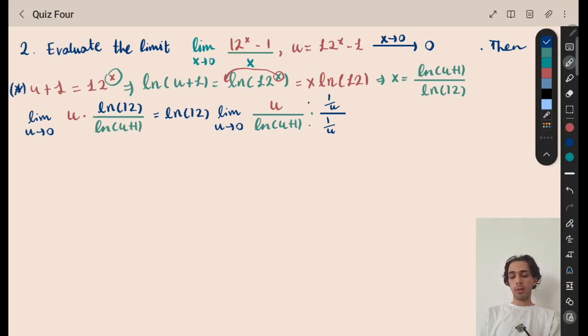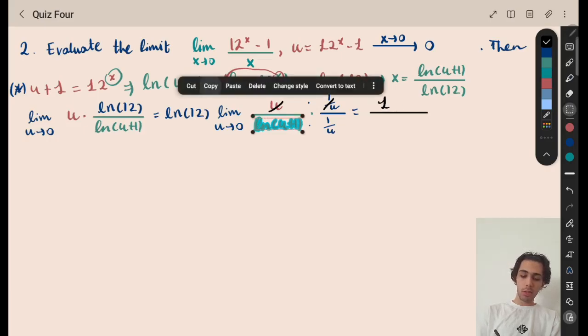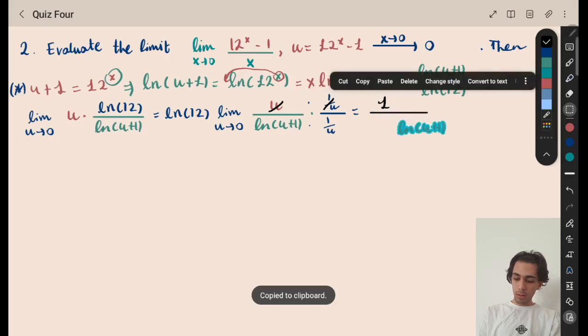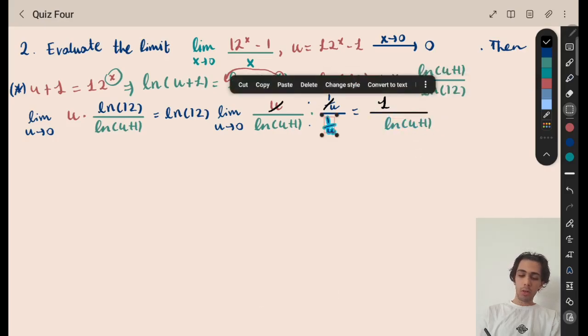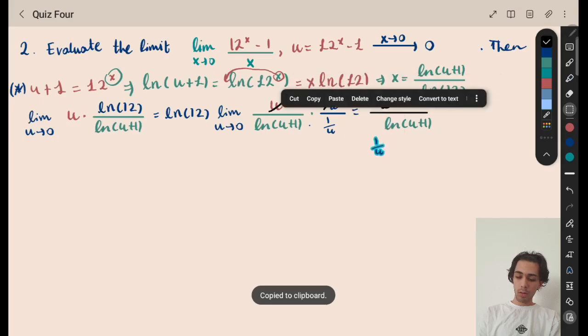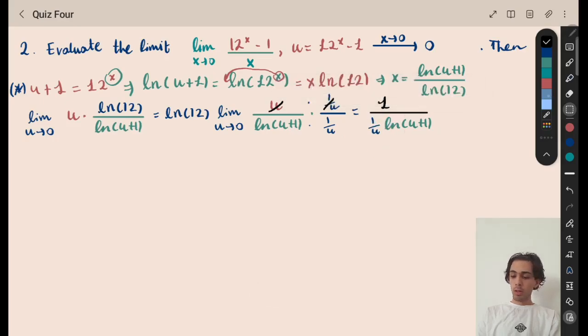And you will see how this looks in a minute. Well, maybe less than a minute, because u cancels out with 1 over u, we get 1. But down below we have ln of u plus 1 times 1 over u. And now notice that all this action is happening inside, so we still haven't taken any limits.